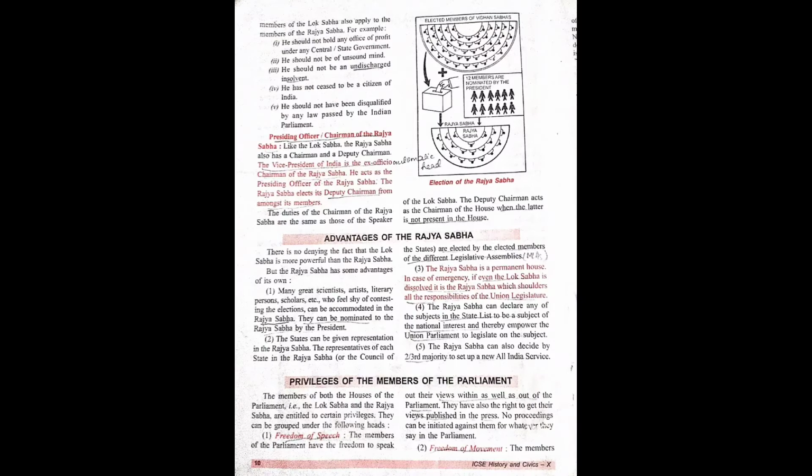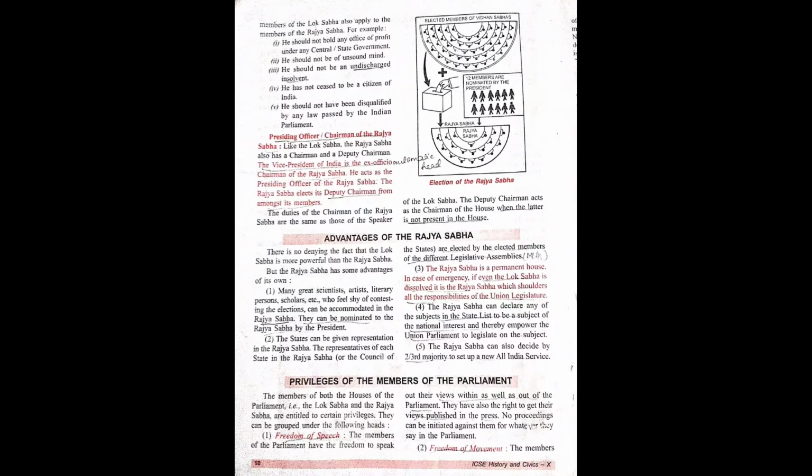You should keep in mind that the person who is the ex-officio chairman of the Rajya Sabha is the same person who is the Vice President of India. He acts as a presiding officer of the Rajya Sabha, and in his absence, the Deputy Chairman acts as the presiding officer of the House.